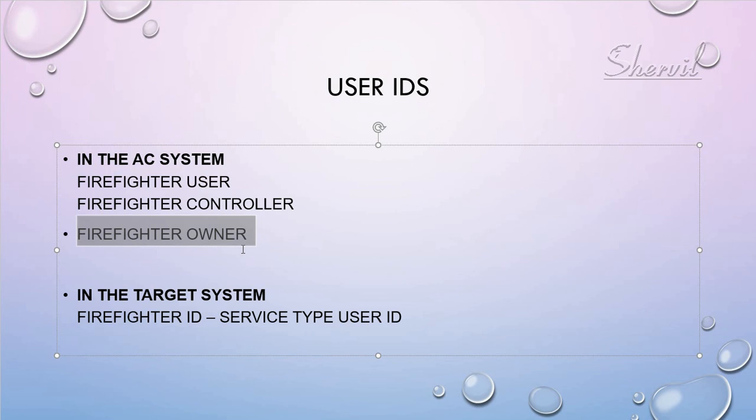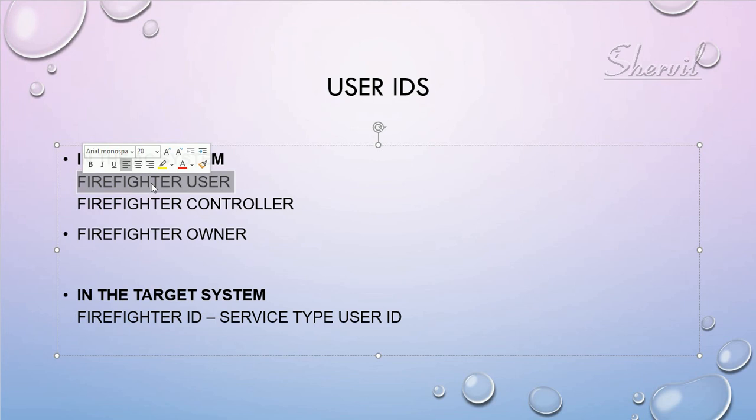Okay, and to do that, owners also have a role that needs to be assigned to them. And then you also have the firefighter user, who is actually the firefighter, the actual user ID that logs into the GRC system to use the firefighter ID.